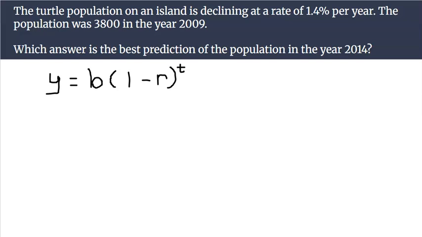Our initial amount is 3,800. And of course we have 1 minus the rate, being 1.4%. As a decimal, that's 0.014.